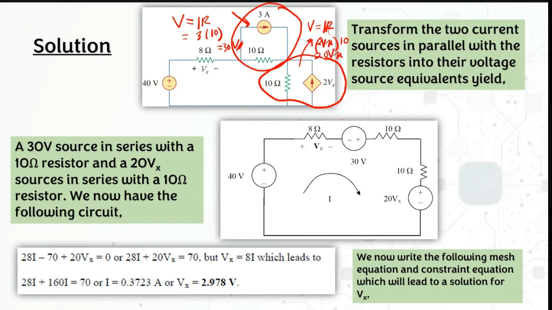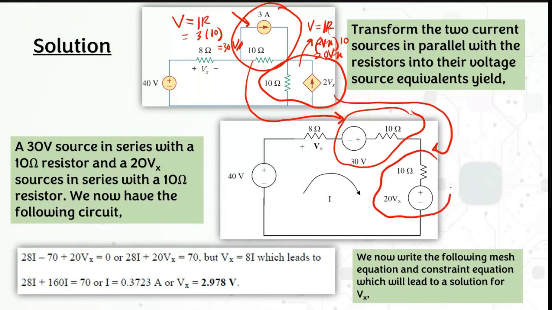And when you transform, you know that this is the part. So you have transformed this part here, and this part here. Now you can calculate to get the I, and then you calculate to get the Vx.